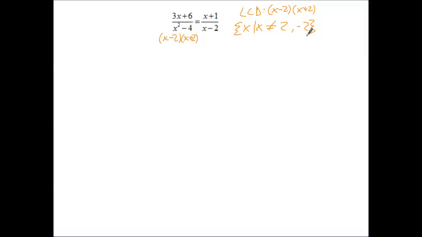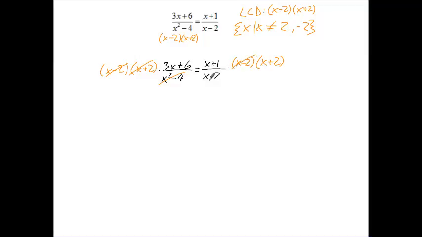Next, multiply each term by the LCD, and again I'm going to rewrite this here so I have more room. And here we go. And now let's simplify what we can. Our x squared minus 4 is all this, so it can be simplified out completely.